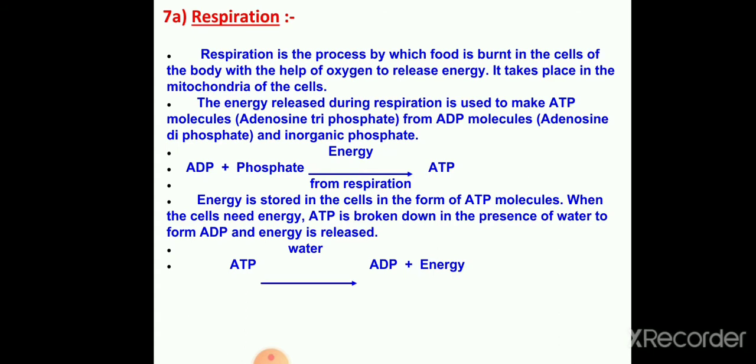Again, the ADP molecule is ready to join with phosphate to form ATP. This is how the cells are getting energy.